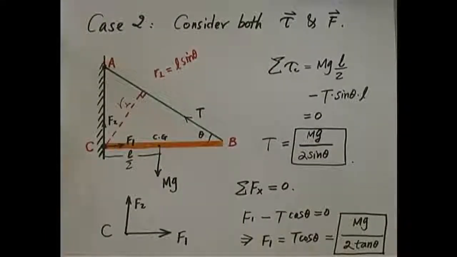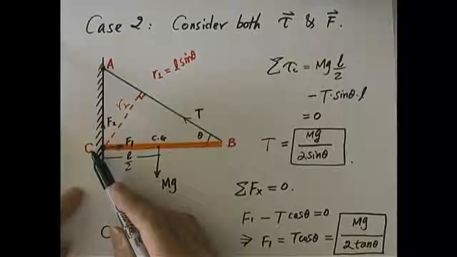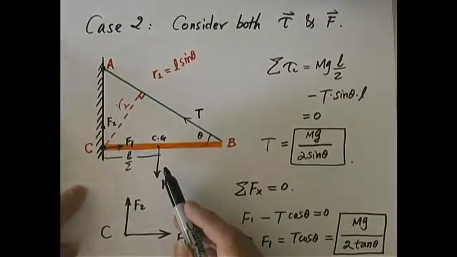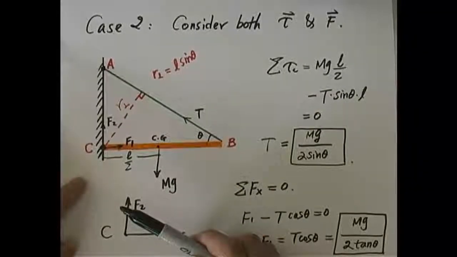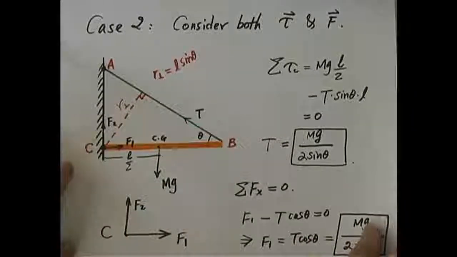Once you know that, the next time you see a different geometry, you will know which method is the best approach. As I said, for example, using point C is the best choice if we don't want to mess with F1 and F2. We don't know them yet. Then the easier thing to do is to use the torque about point C, because that automatically eliminates F1 and F2, these two unknowns, from your equation. So that is a very typical problem of great importance.